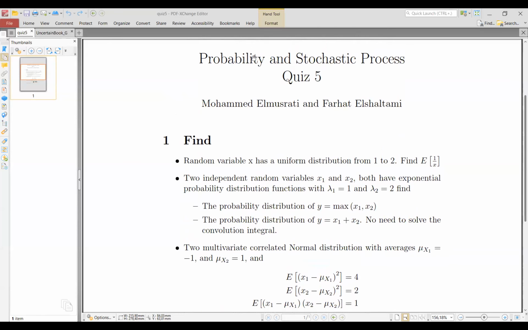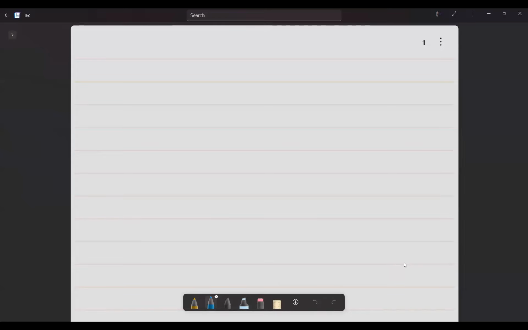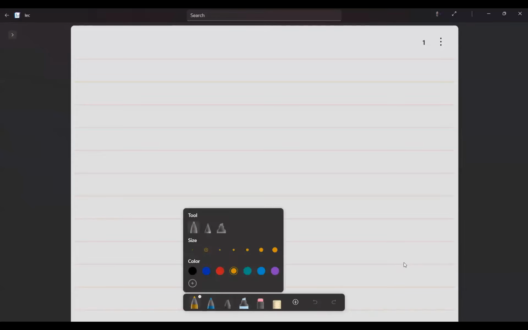I will just start by sharing the whiteboard so we can write. So we have a uniform distribution.